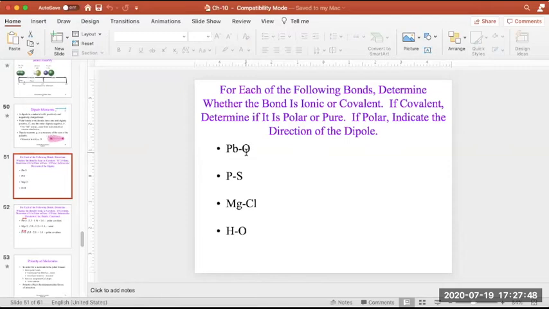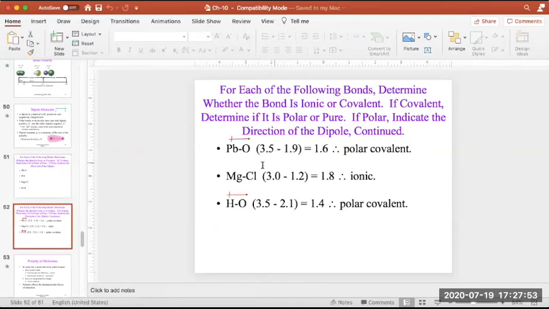Then you can get the answer whether the bond is polar, non-polar, or ionic. So the answer is already here. Pb is 3.5 minus 1.9, you will get 1.6. This is polar covalent if you compare this number. So this is how you normally do it.